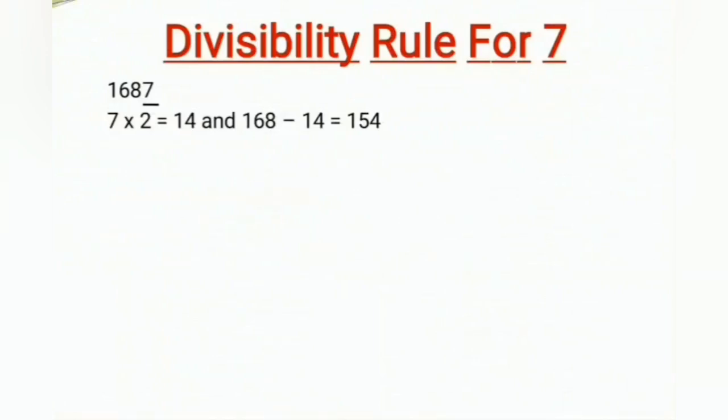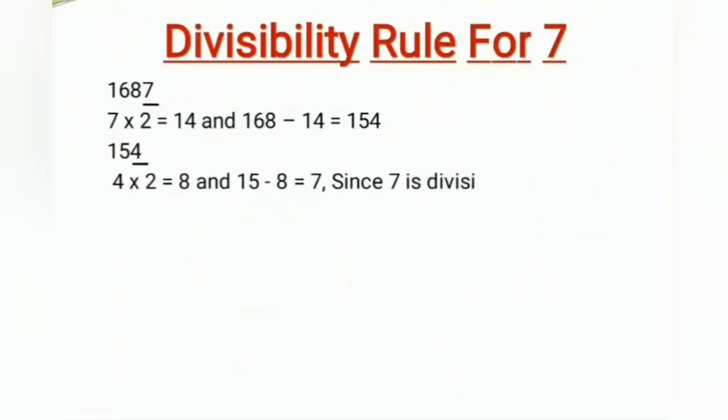Now the ones place digit is 4. So 4 multiplied by 2 is equal to 8, and 15 minus 8 is equal to 7. Since 7 is divisible by 7, 1687 is divisible by 7.